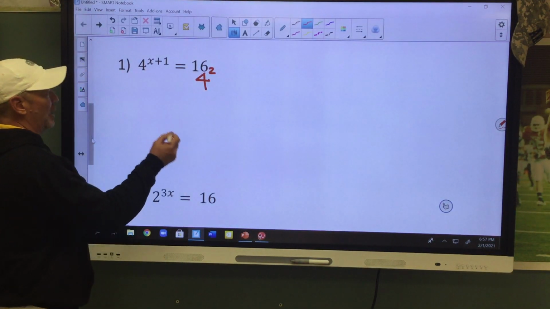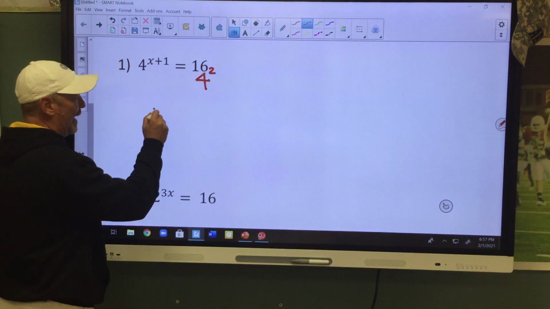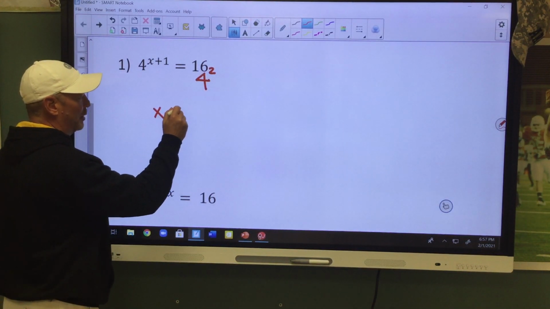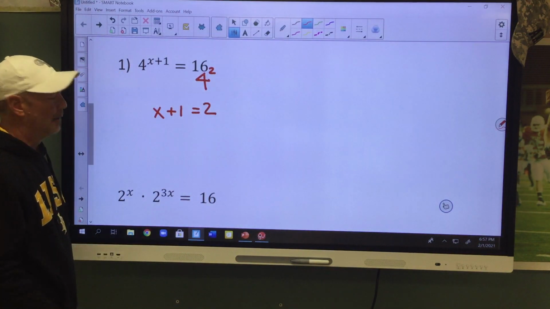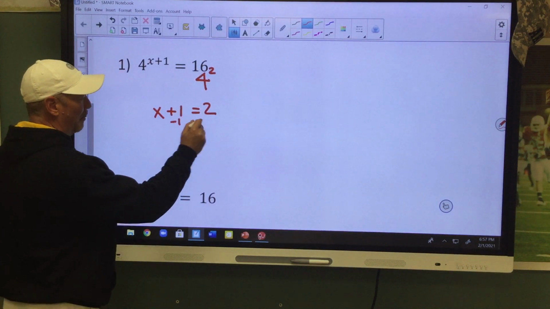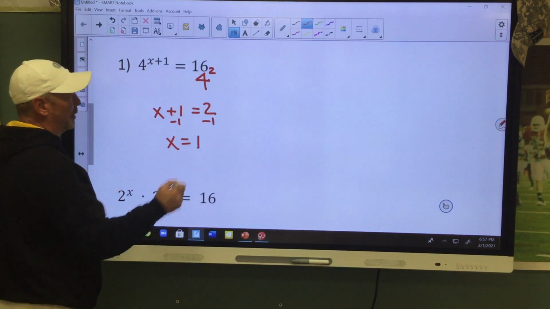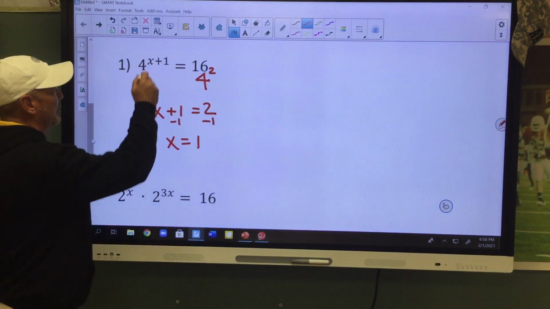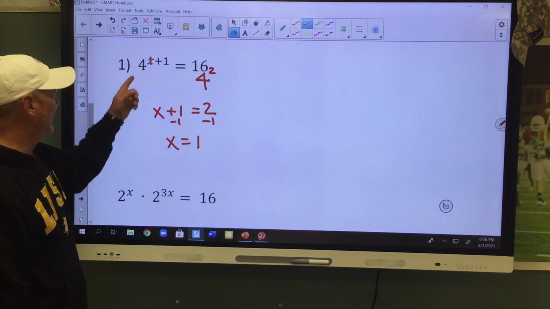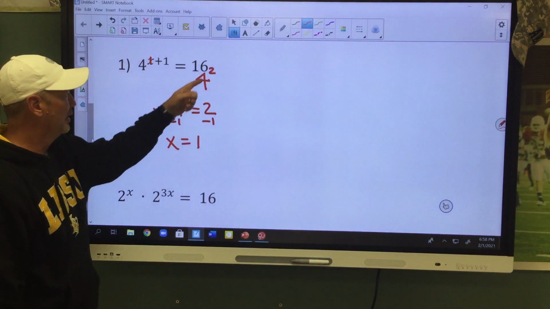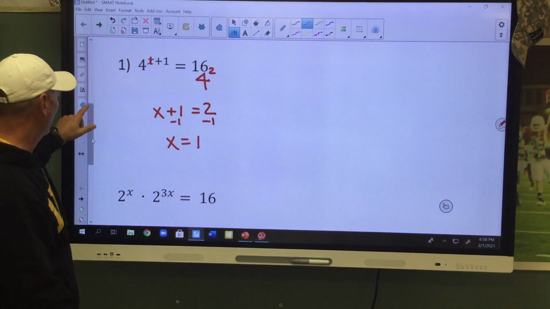So I can set up my equation and I can say that, let's use the exponents, x plus 1 equals 2. Minus 1, x equals 1. So if you go back and substitute it, 1 plus 1 is 2. And that gives you 4 to the second power, and that's 4 to the second power. Okay, let's keep moving.